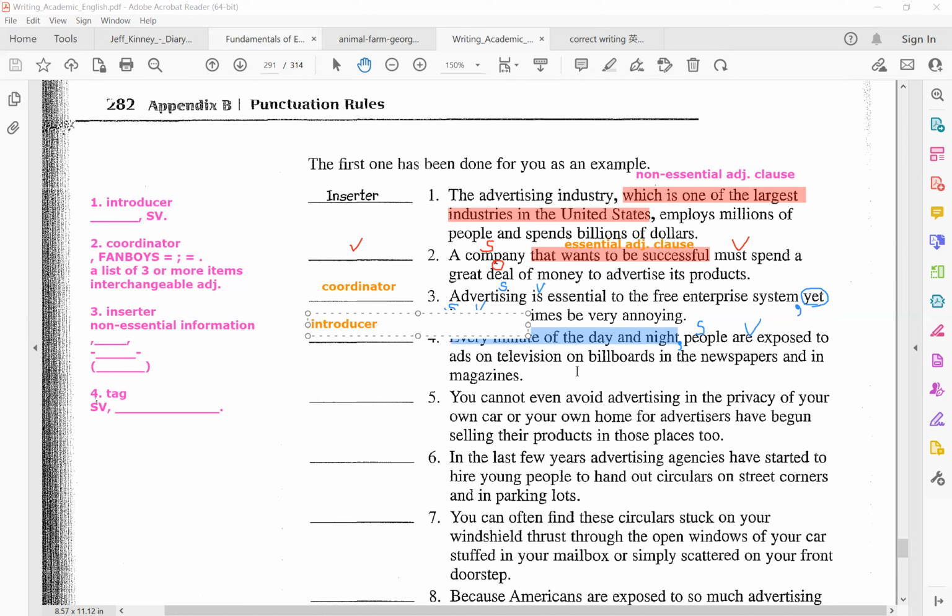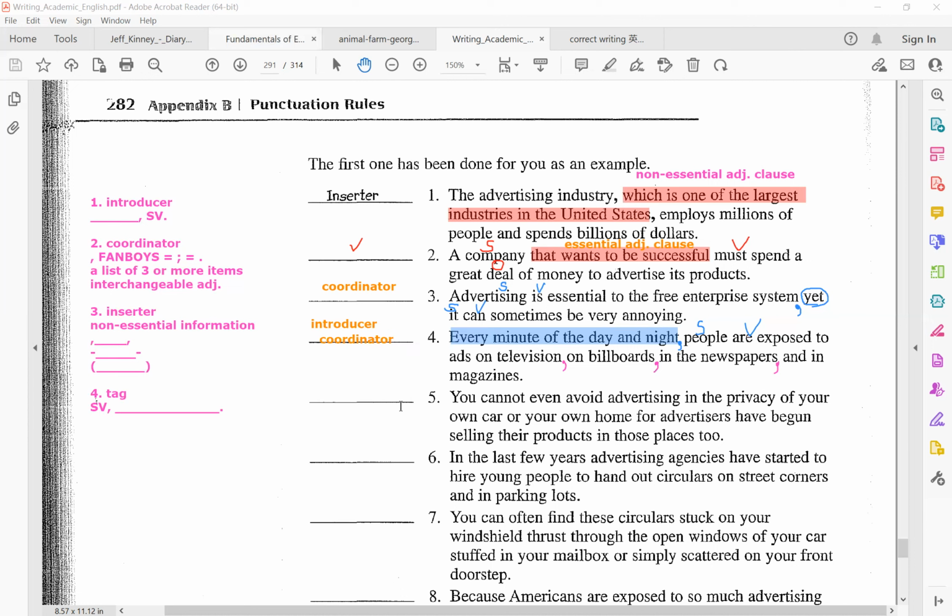But then again, I see, hey, I seem to have a list of items. On TV, prepositional phrase, comma. On billboards, prepositional phrase, comma. In the newspapers, prepositional phrase, comma. And magazines, and that would be my coordinator commas.